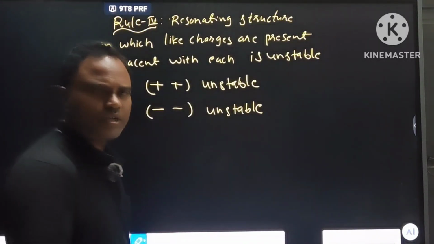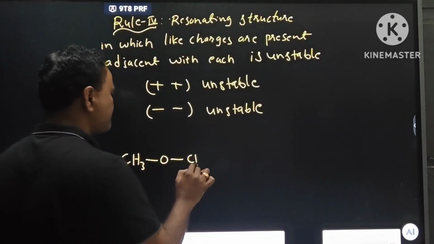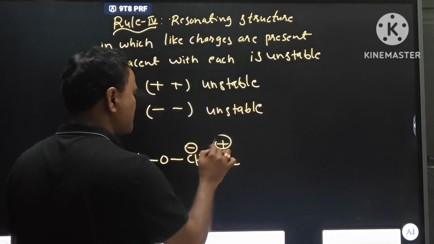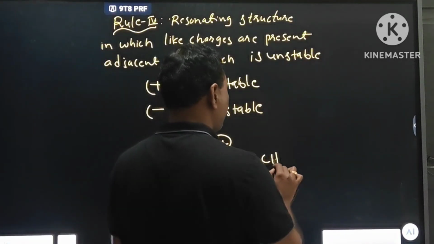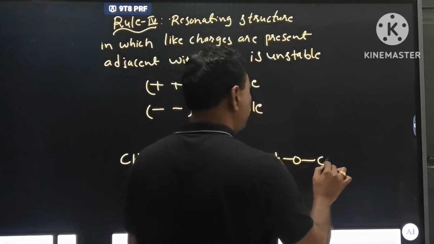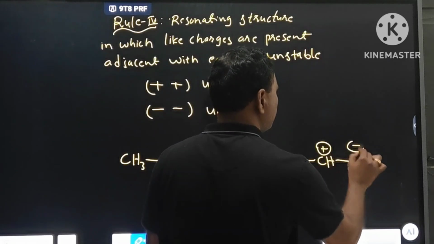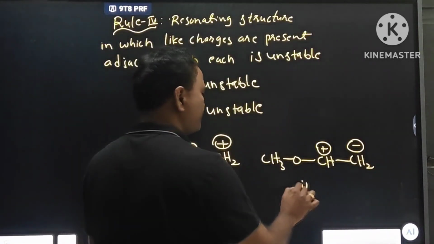I am giving two resonating structures to you. This is one resonating structure, and this is another resonating structure. Let us see which is the stable resonating structure.